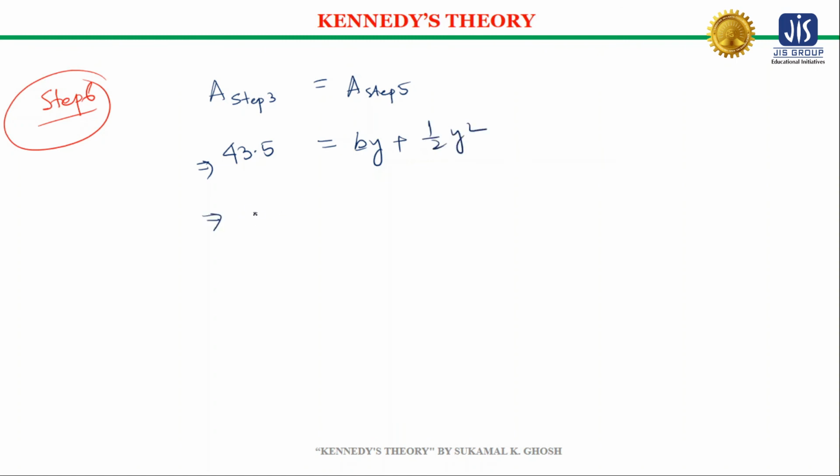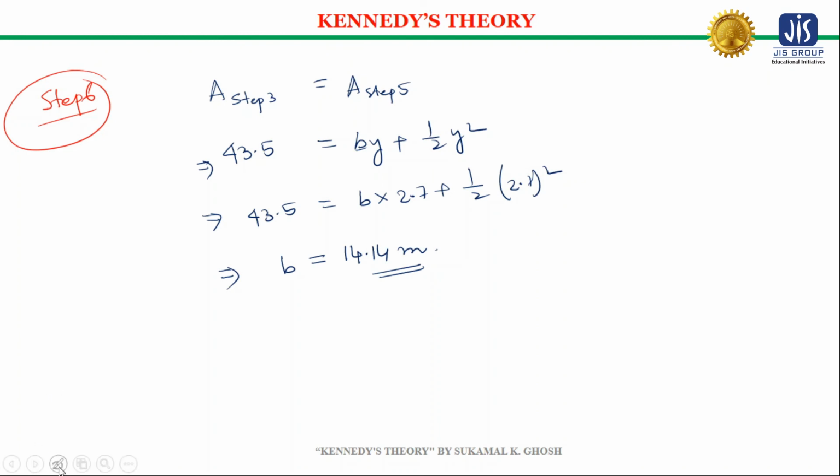That is, 43.5 is equal to b into 2.7 plus half of 2.7 whole square. If you solve it, the value of b will be 14.14 meter. So we have completed our step 6 and we have also calculated the value of b.